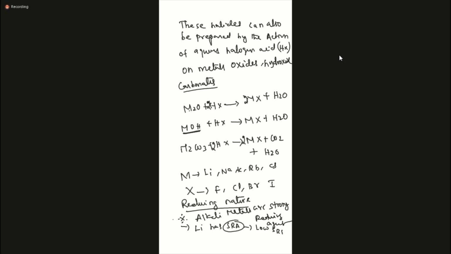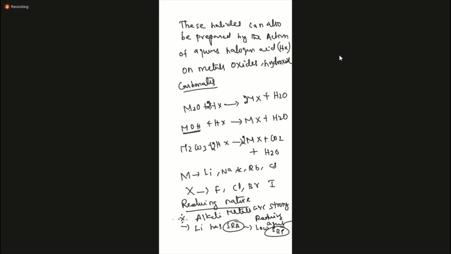The standard reduction potential value for lithium is the least, that's why it is called a strong reducing agent.